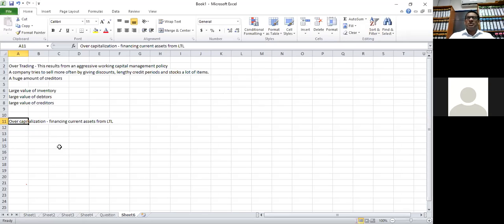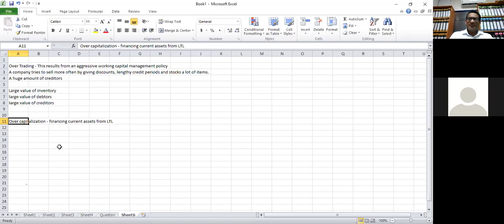Why? Because on current assets, you are not getting a very high return. But on long-term liabilities, you have to pay a high interest cost. Normally, the longer the credit period, the longer the borrowing period, the higher will be the interest cost.